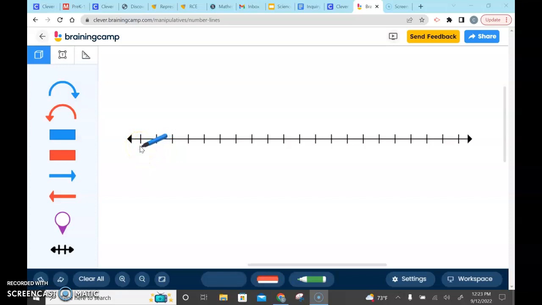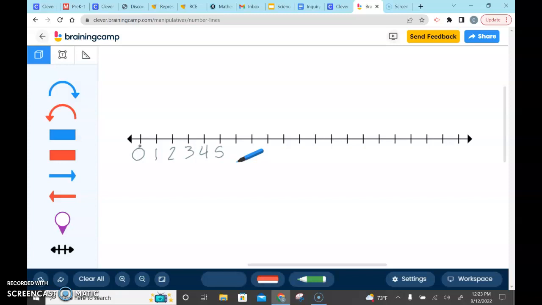You can just draw yours. I have this one from Braining Camp all ready to go. So I'm going to have 0, 1, 2, 3, 4, and 5. So you can just cut your number line right off after the number 5. So we could see those are positive whole numbers that are less than 5.